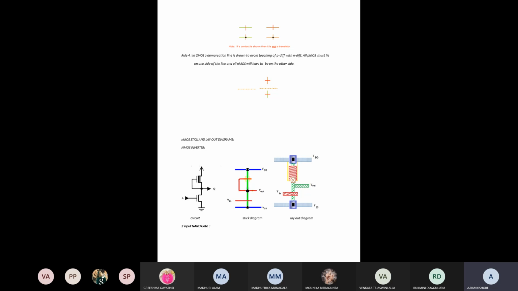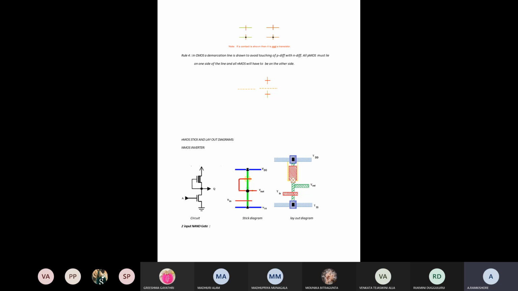First draw the transistor design, then the stick diagram, then the layout diagram. If only a stick diagram is asked, you draw the transistor level diagram and the stick diagram.